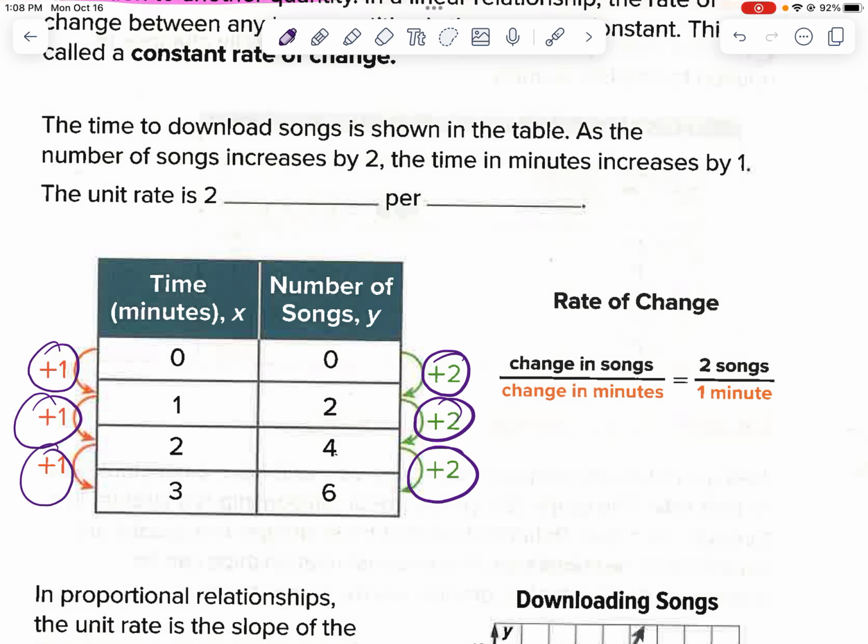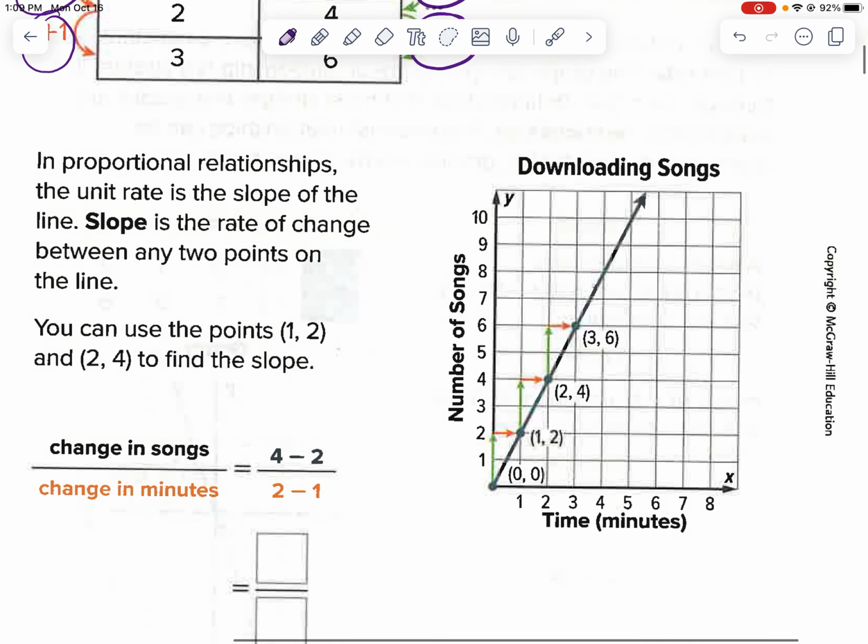The unit rate is 2 songs per minute. Okay. In a proportional relationship, the unit rate is the slope.